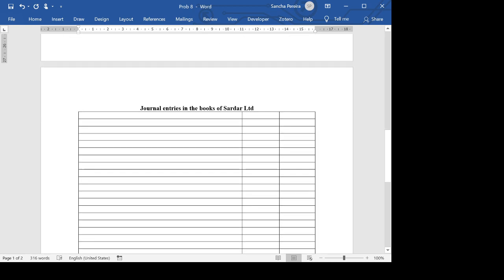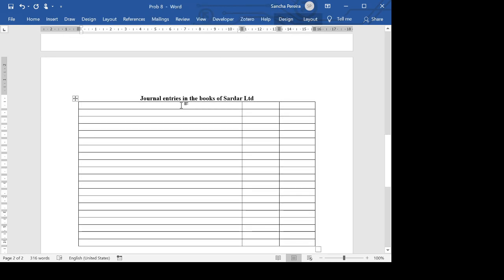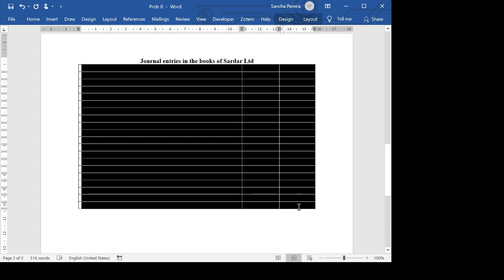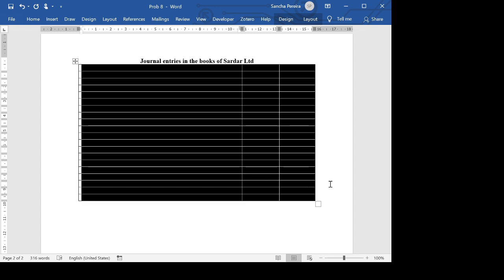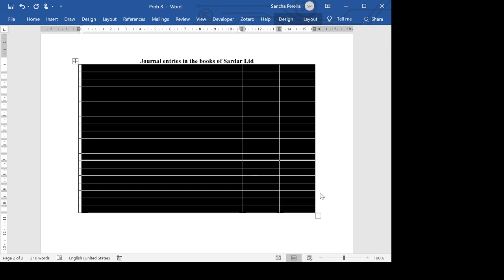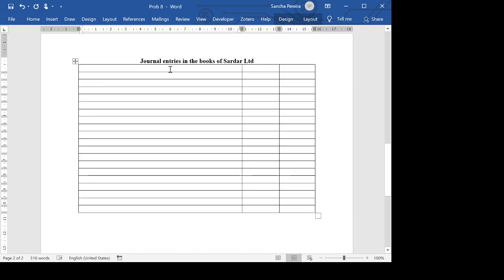So we have the particulars, debit and credit.